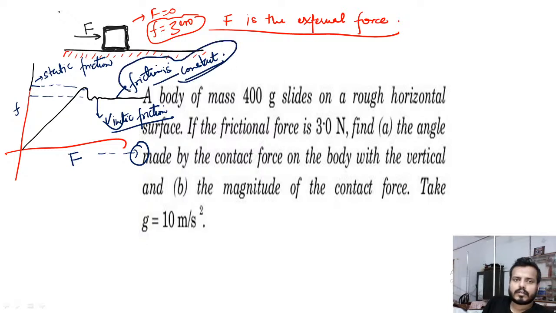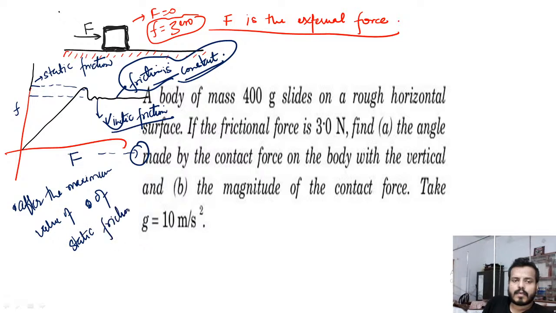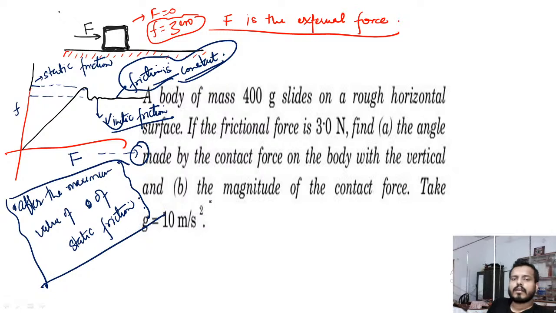Friction is basically constant after the maximum value of static friction. Alright. So this is the curve.